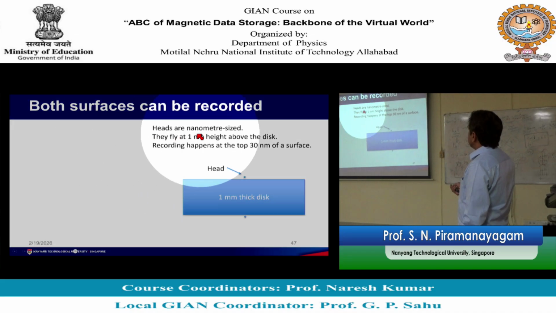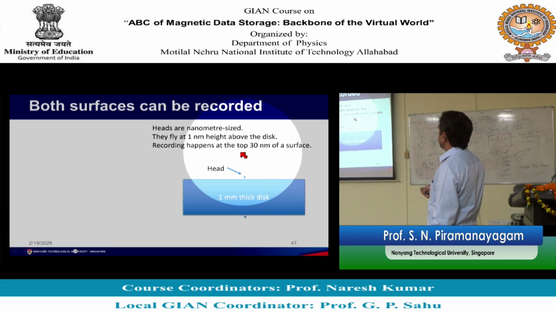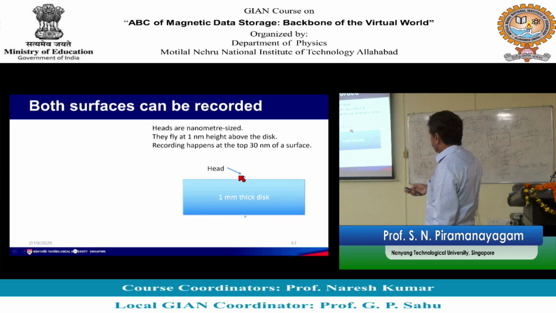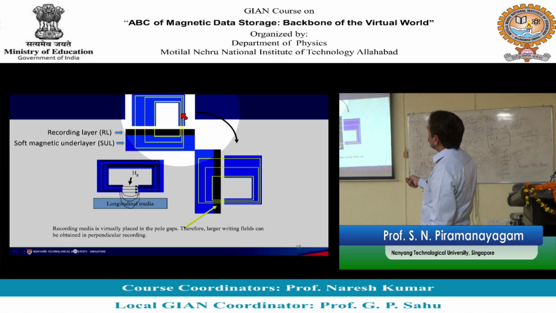Okay, so, heads are nanometer sized and they fly at 1 nanometer high above the surface. So, the recording happens at the top 30 nanometer of the surface. Okay, so, whatever I have shown here, the head producing a field that goes through the recording layer, coming back through the soft magnetic underlayer.